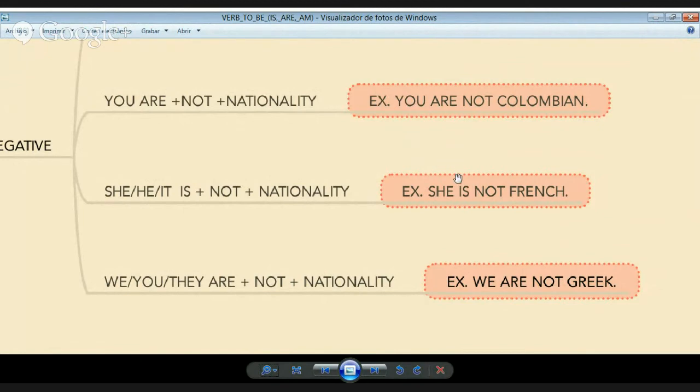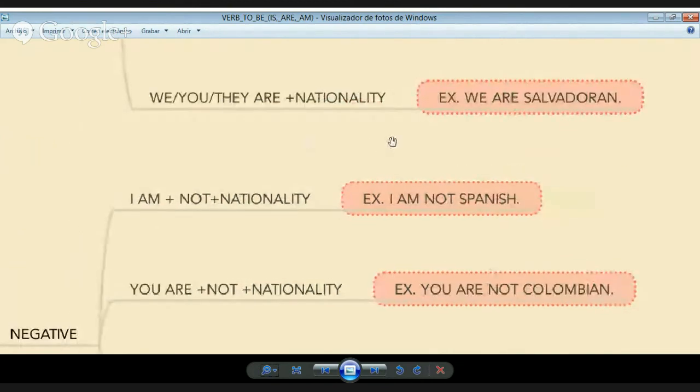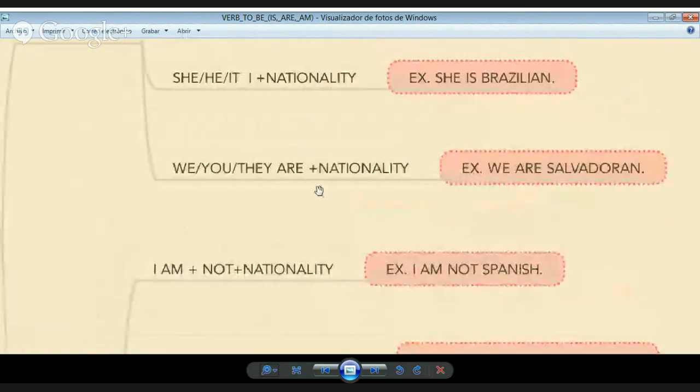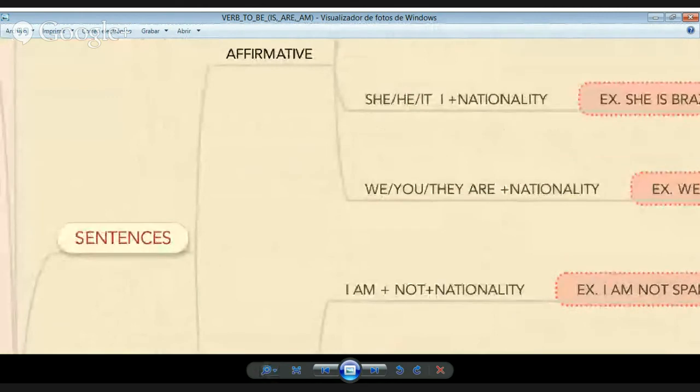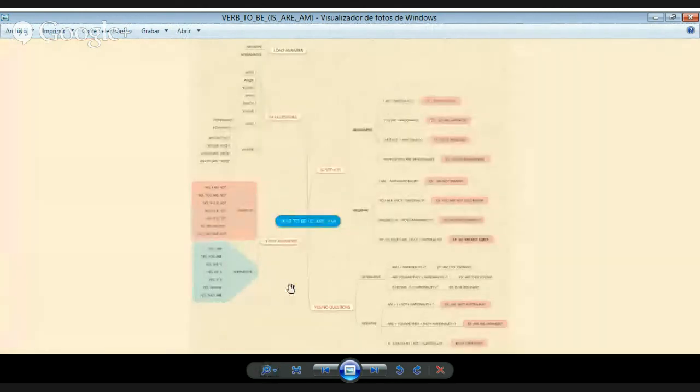En este caso es por países. For example, imagine that you want to know where somebody comes from. En ese caso van a utilizar otra estructura, un poco parecida a toda esta que han visto en esta imagen, pero varía una o dos palabras.